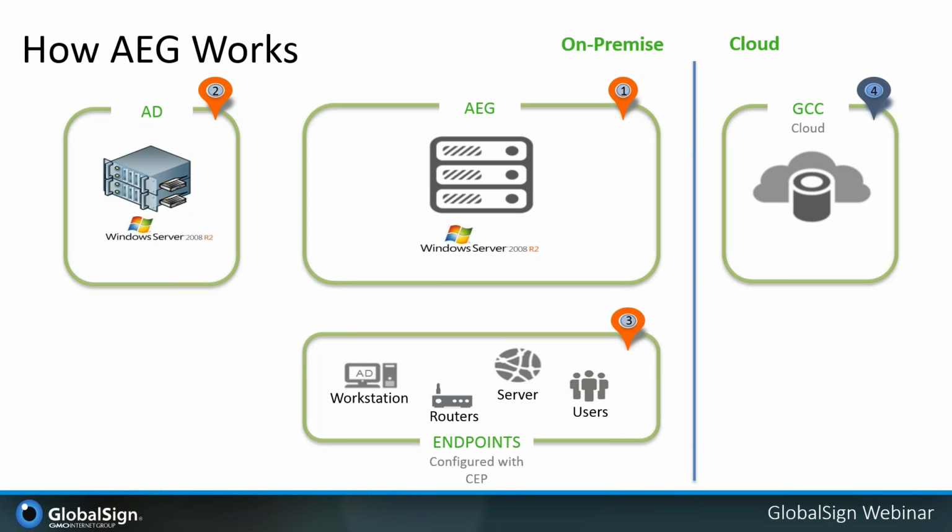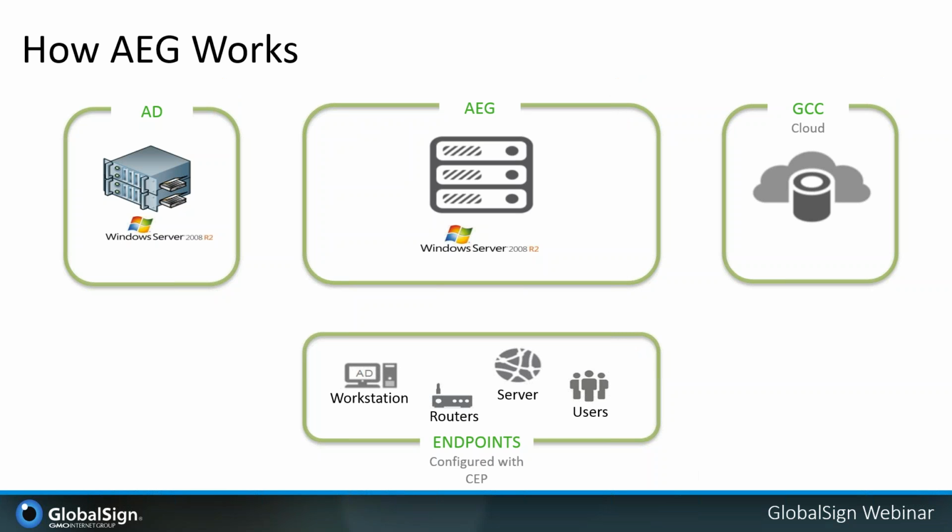So now that we have a clear understanding of the components involved, let's see how it all works together. At first, the endpoints are pre-configured with the group policy. The group policy guides these endpoints, and these can be workstations requesting a client authentication certificate or a user requesting an S/MIME certificate, to connect to the AEG server to pull the certificate enrollment policies.